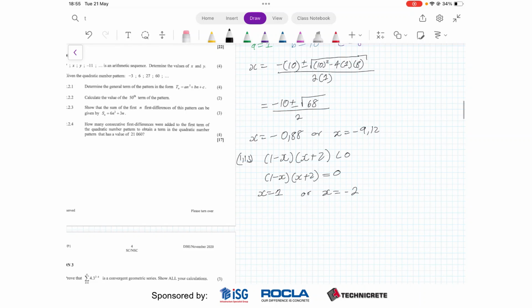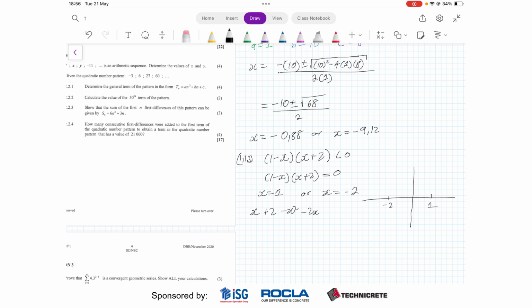Those are our critical points. Then I draw my number line, my roots being minus 2 and 1. Looking at our function, it will most likely have a frowny face, because if we multiply this out, we get minus x squared minus x plus 2.